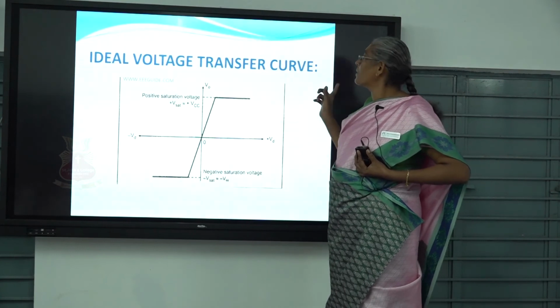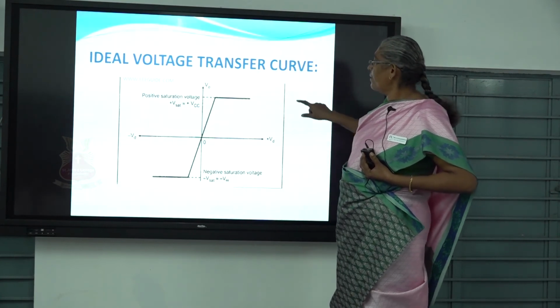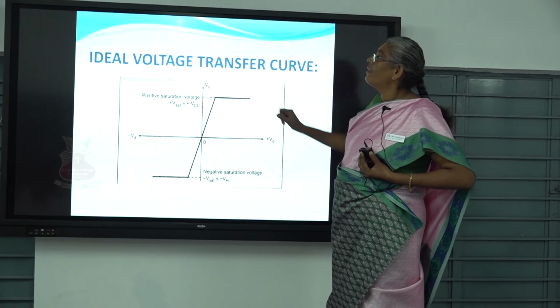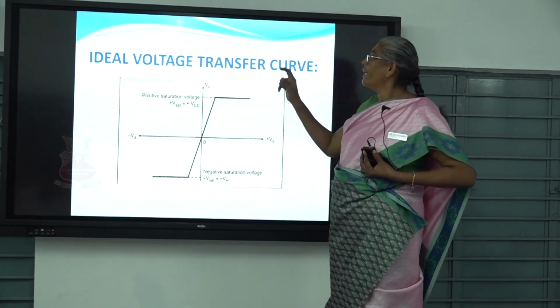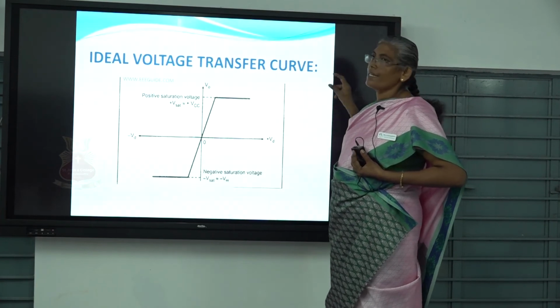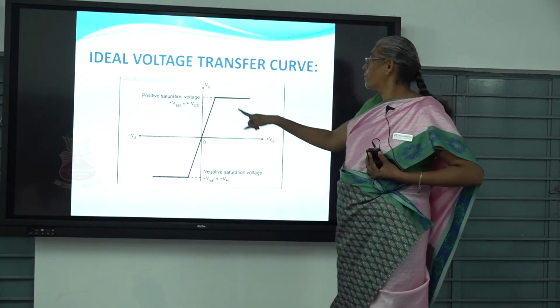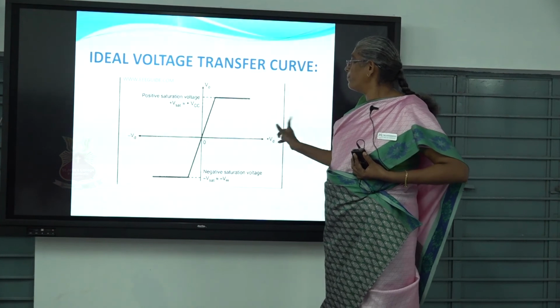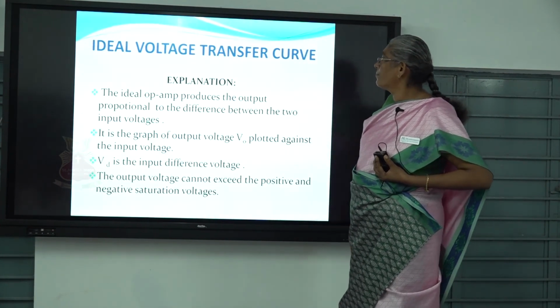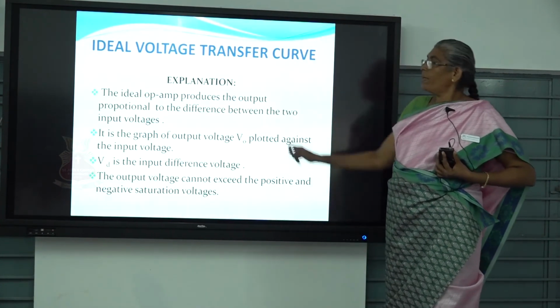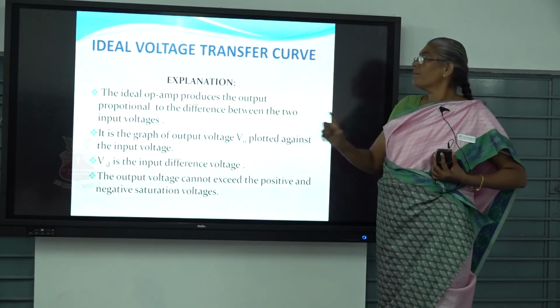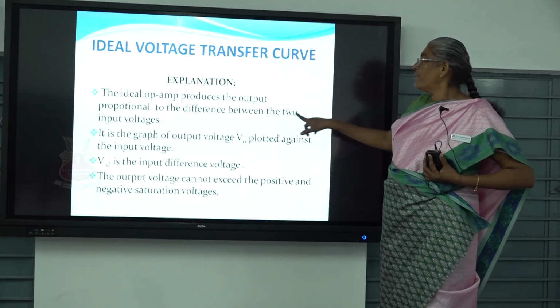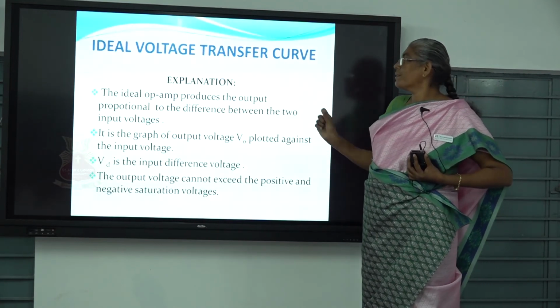Next, the ideal voltage transfer curve. This is the voltage transfer curve of the ideal op amp. The ideal op amp produces an output proportional to the difference between the two input voltages.